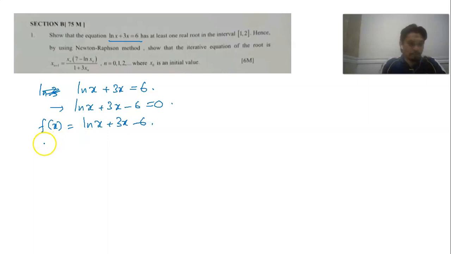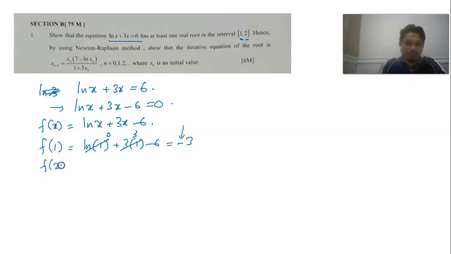Let's use the interval of 1 and 2. f(1) equal to natural log of 1 plus 3 times 1 minus 6. Natural log of 1 equals 0 here, and 3 times 1 equal to 3. So 3 minus 6 equal to negative 3. Look at the sign here: negative.